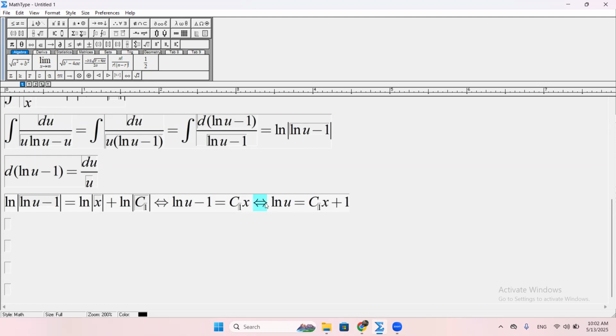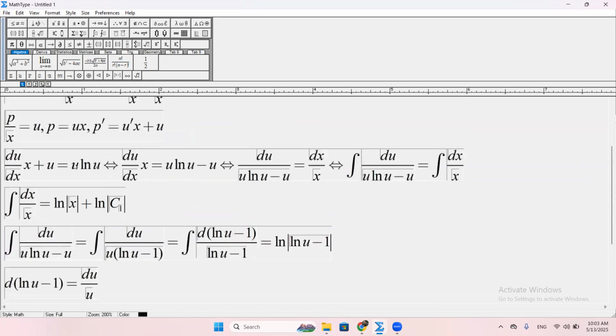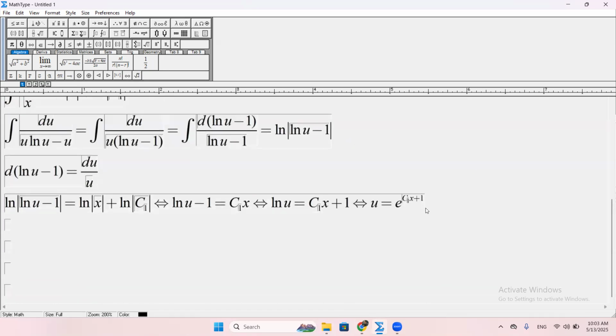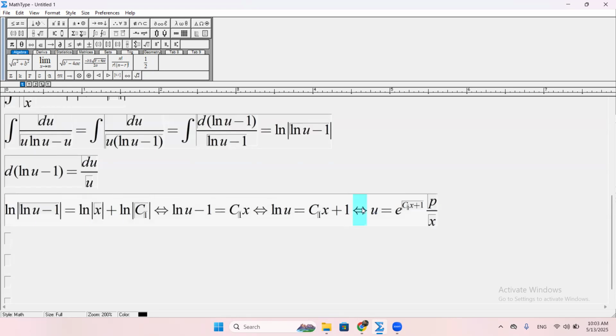Then u equals exponent of c1x plus 1. Remembering that u equals p over x, so p over x equals this expression, this exponent.